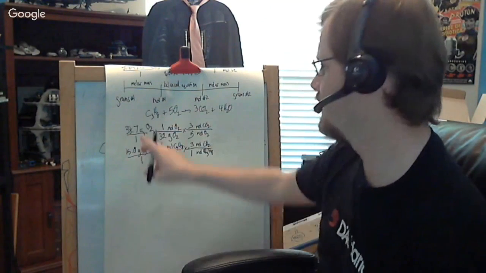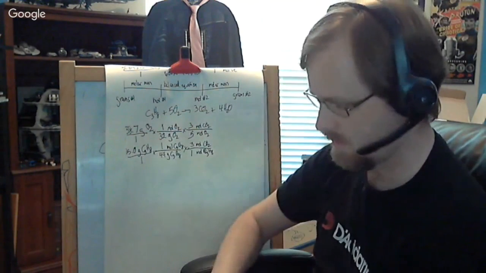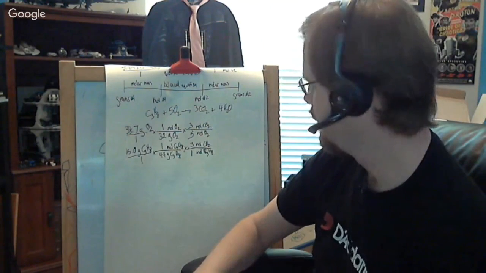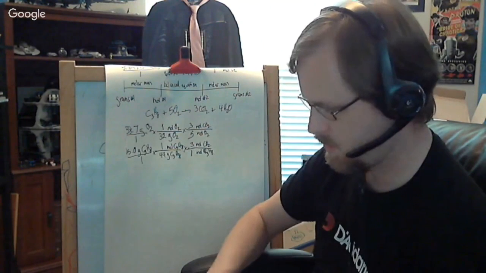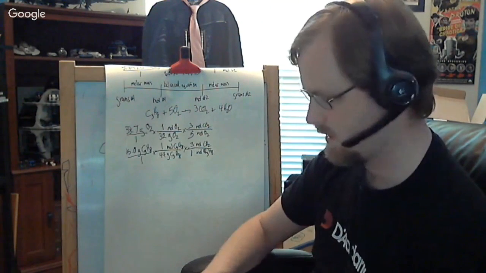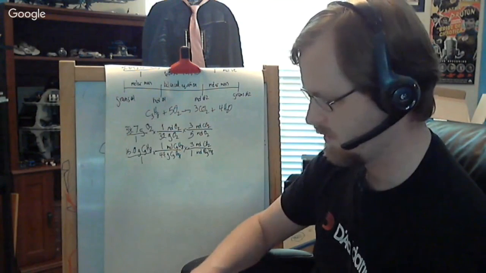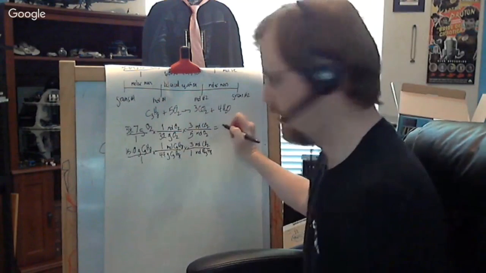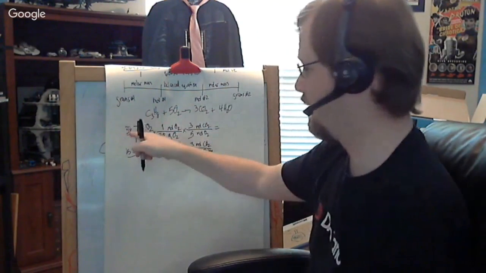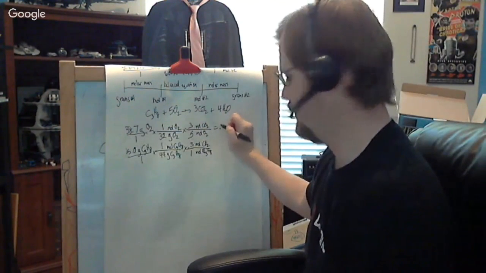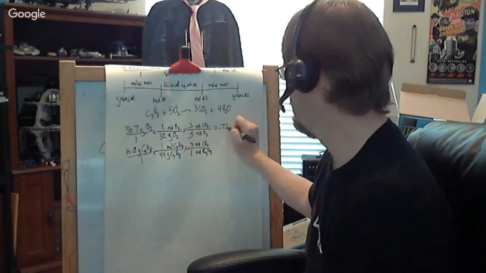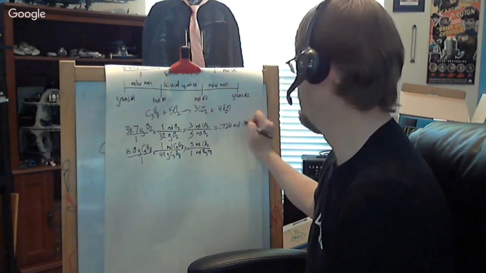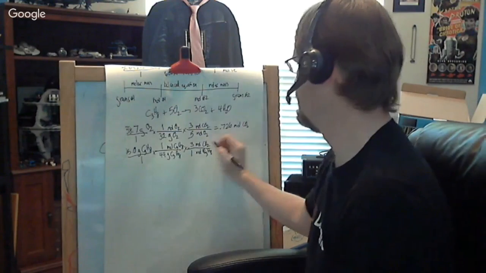Okay, so I'm going to start with this one here. So 38.7 divided by 32 times 3, and what we get here is, remember, we have 3 sig figs, so 0.726 moles of CO2.